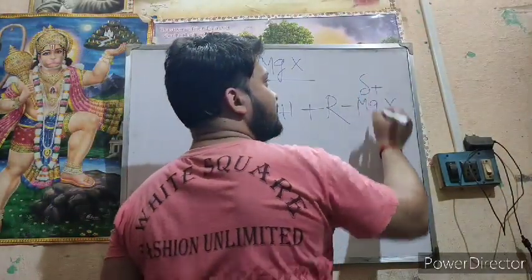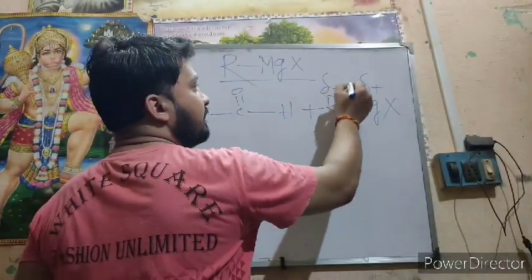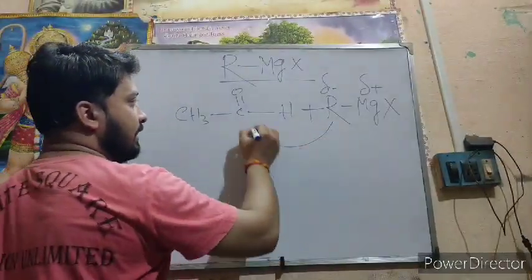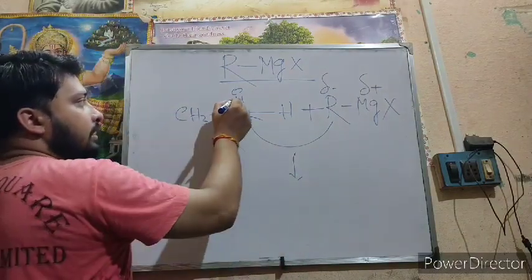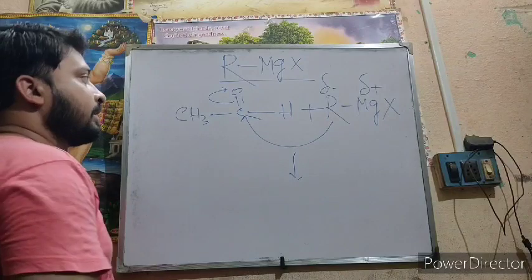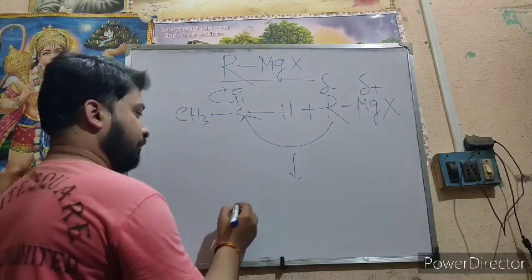Mg is delta positive, and R is delta negative. This R hits this carbon, and this loosely bonded pi bond is broken.